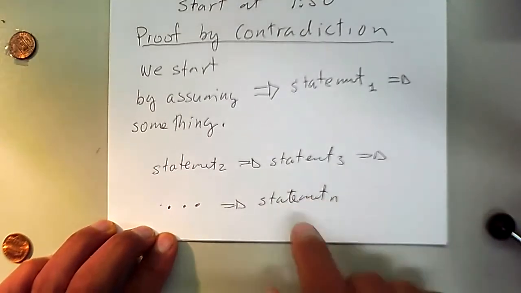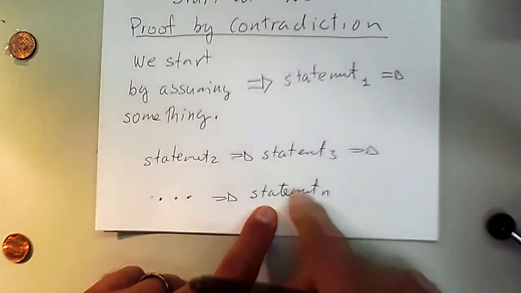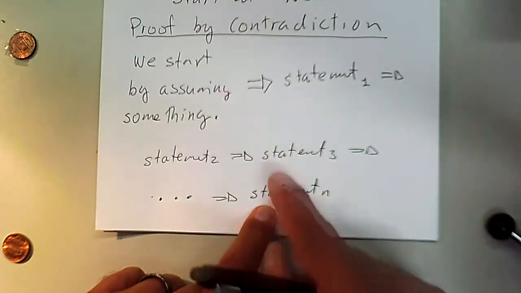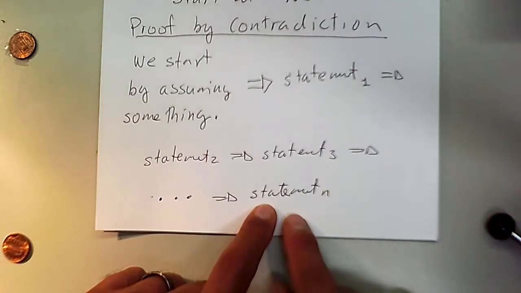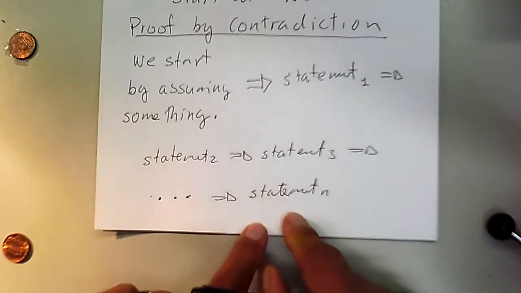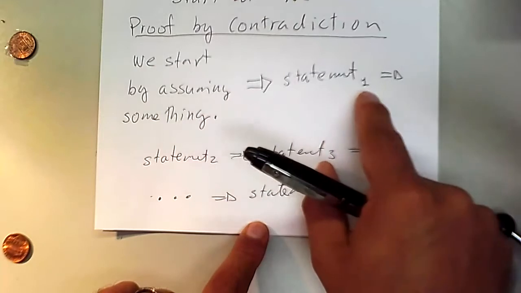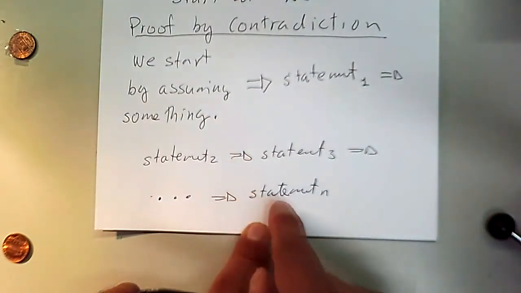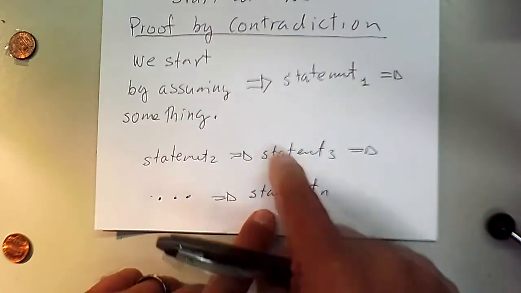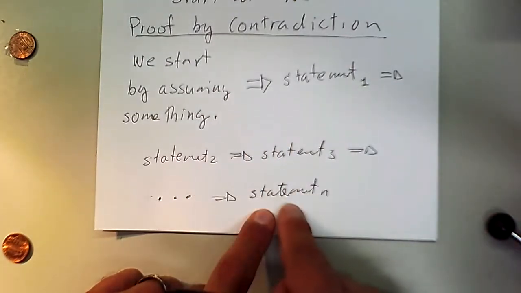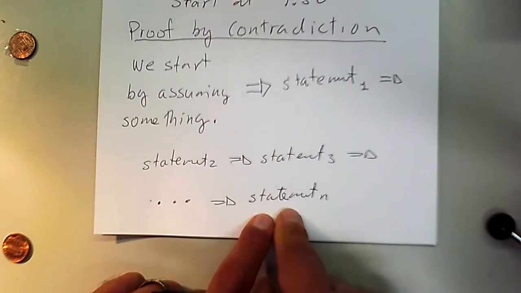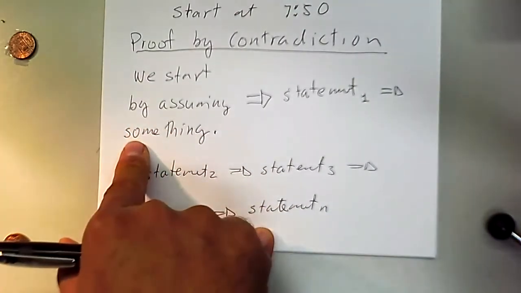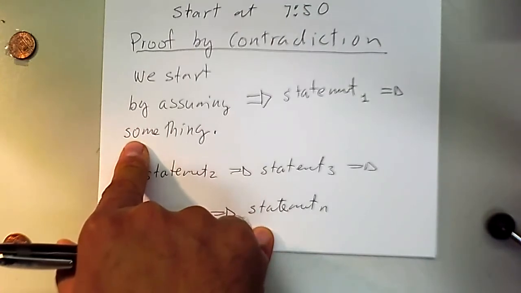We don't know how long this chain could be. It could be just one link, or it could be 30 links, or who knows. But if those statements are constructed very carefully, and the last one of those statements happens to be a contradiction, that implies that our starting assumption is false.